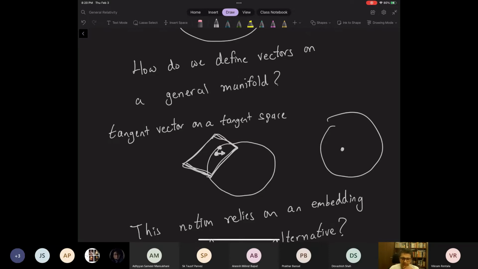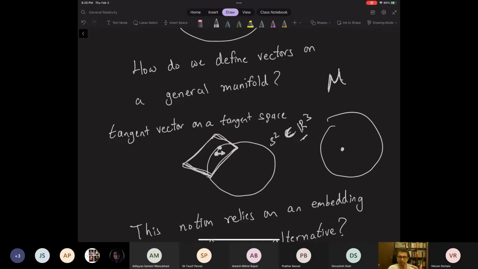Now where did this come from? This came from the fact that this two-dimensional sphere, we thought of it as embedded inside R3. But when we think about general manifolds, we don't know if they're embedded inside some higher dimensional manifold or not.